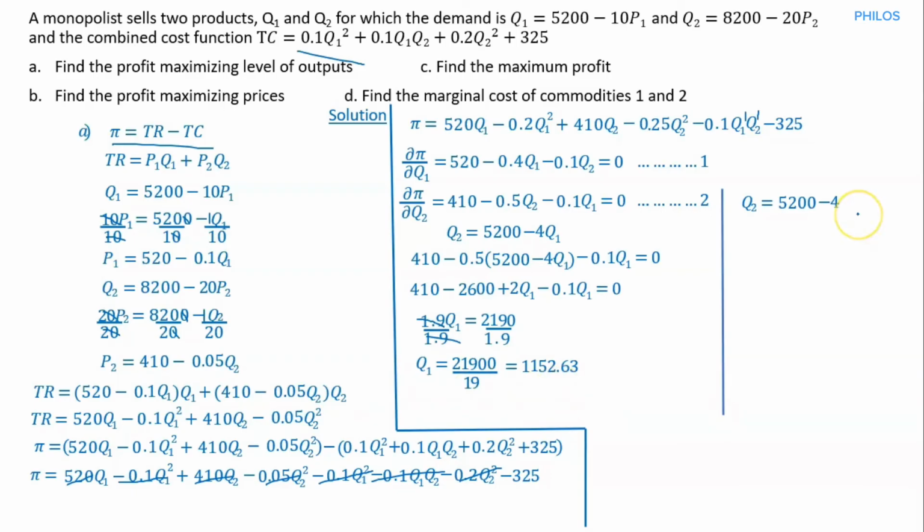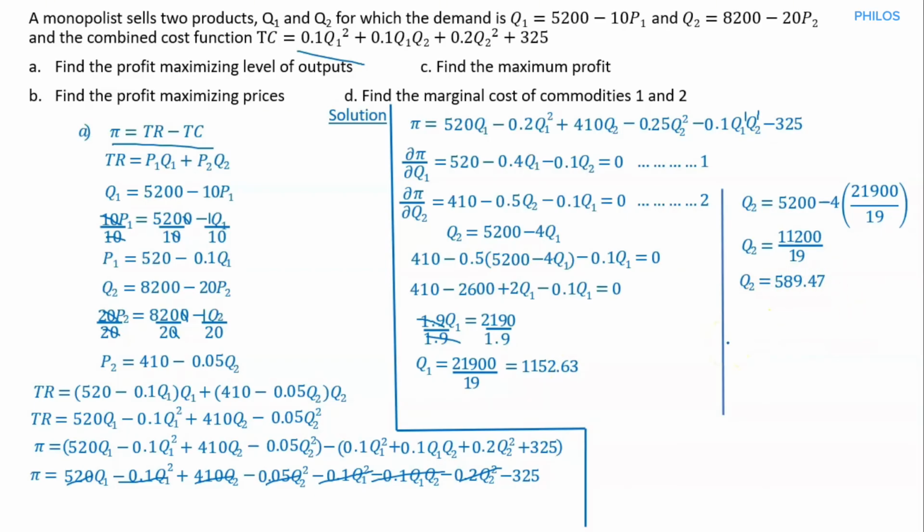So when you put this on your calculator, in fraction you get Q2 equal to 11200 over 19. But in decimals, Q2 is 589.47. So Q1 is equal to 1152.63 and Q2 is 589.47, in two decimal places.